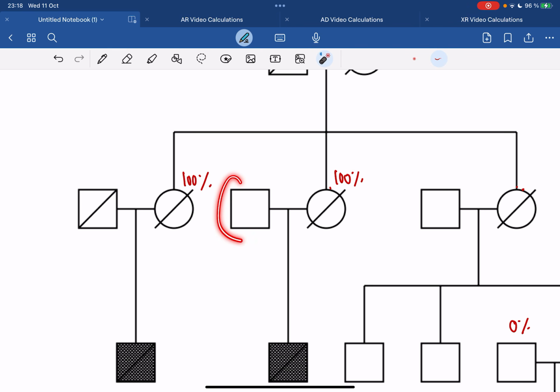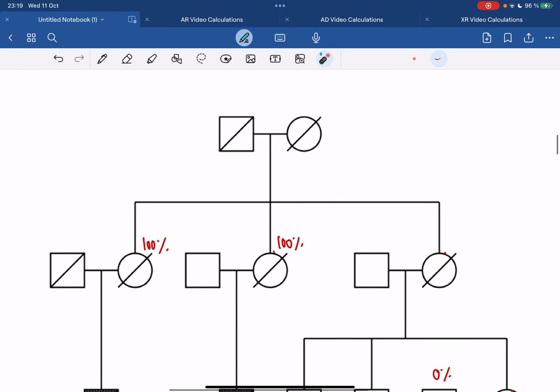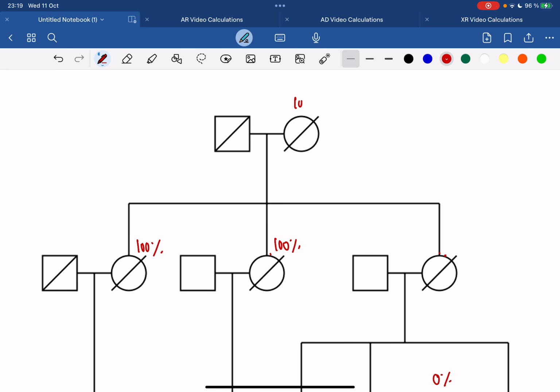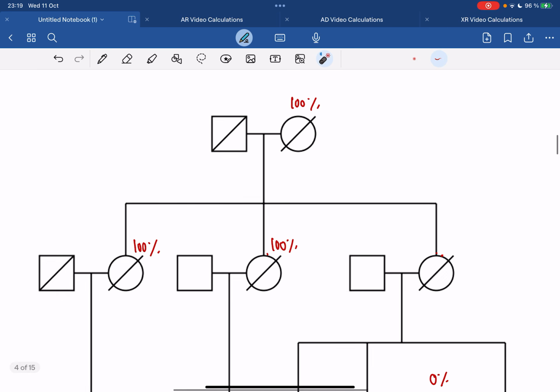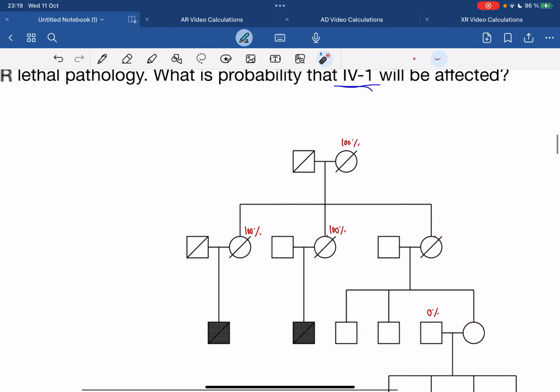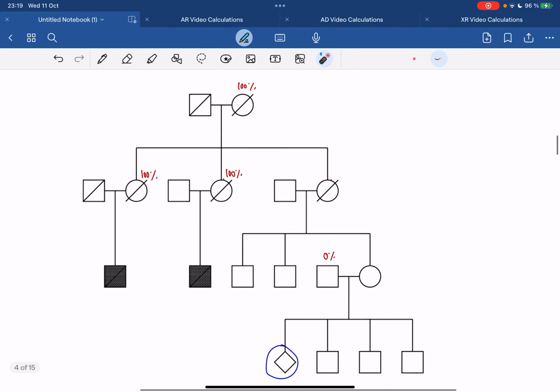Because the fathers are not carriers, and even if they were, they wouldn't have given it to their sons, because the only chromosome that they give to their son is the Y chromosome. So we know for absolute certain that it is the mother. So then we can also assume that this mom right here is also a carrier, as long as we don't include the idea of de novo. But I don't think the colloquium questions will be that difficult, hopefully.